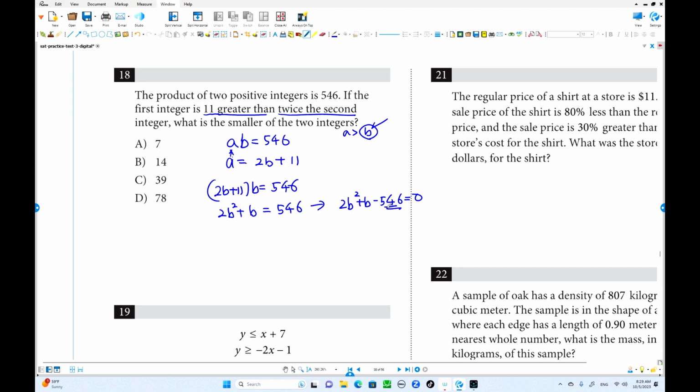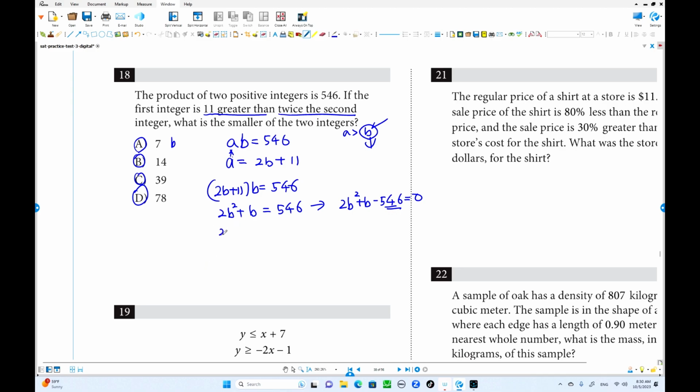But these are very big numbers. Okay? I think in this case, you can just use the options over here. This number B is the smaller one, okay? This is the value of B. Put this number in there, and which one equals 546? I think that is right. 7 is too low, right?